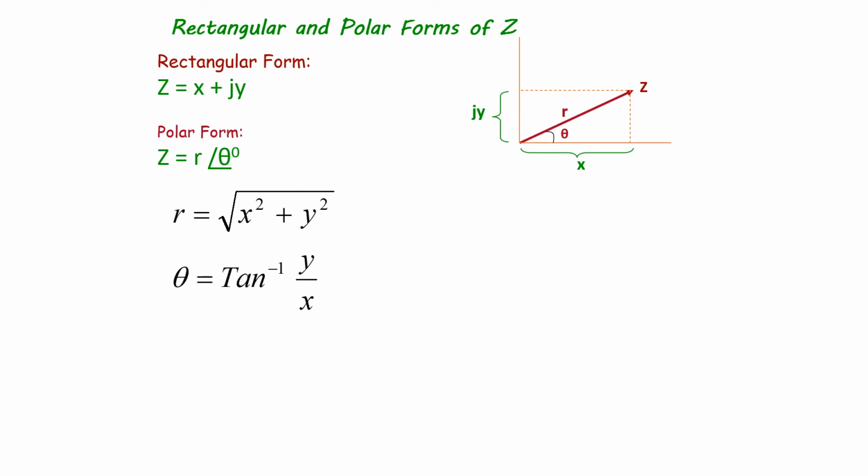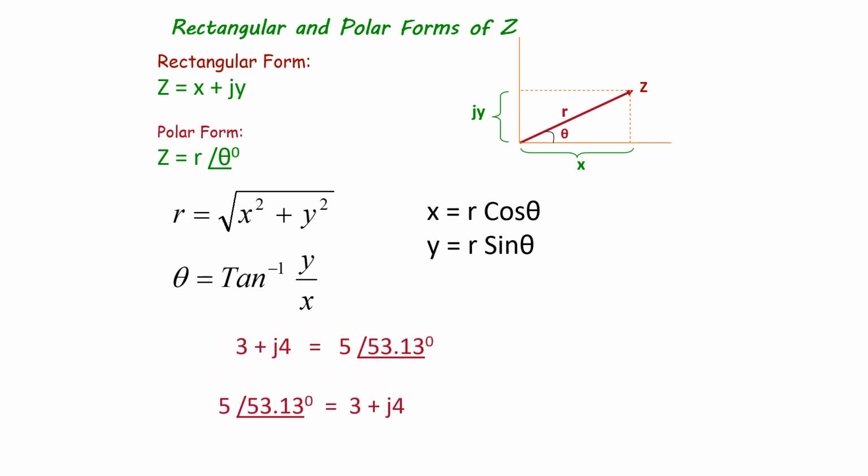From the figure, we can write R as a root of x square plus y square, and theta can be written as tan inverse y by x. X and y values in terms of R and theta can be written as x is equal to R cos theta and y is equal to R sin theta.